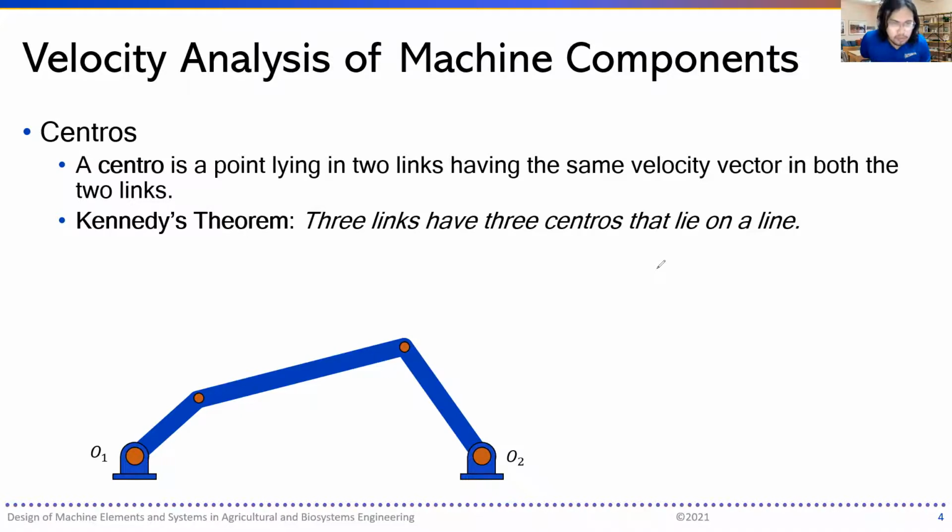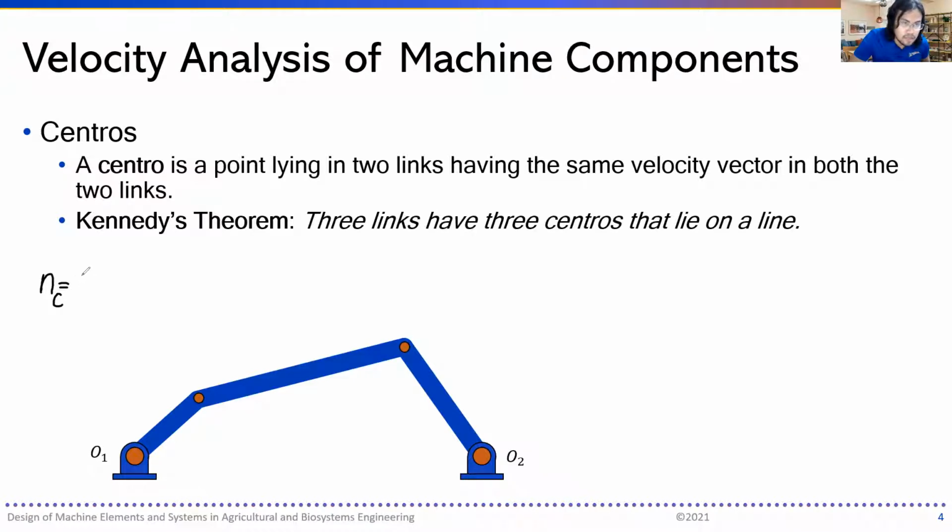So how do we go about with the centro? The same formula for the determination of the instant centers is the same for the centros. It's n, sorry, n equals centros.